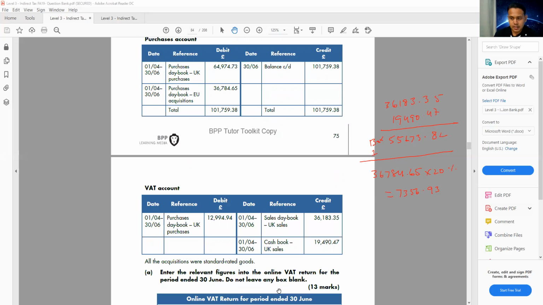So we have here input VAT, that is 12,994.94. Plus we need to add the EC as well. That is calculated already, 7,356.93. So how much is the total here?